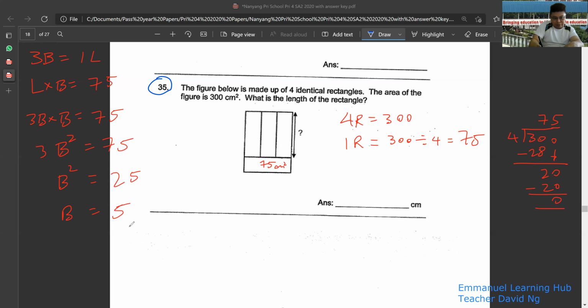Breadth is 5. Once you know breadth is 5, what is your length? Your length is 3 breadth, 3 times 5, 15. Length is 15. Okay? Understand? If you understand, let's move on.